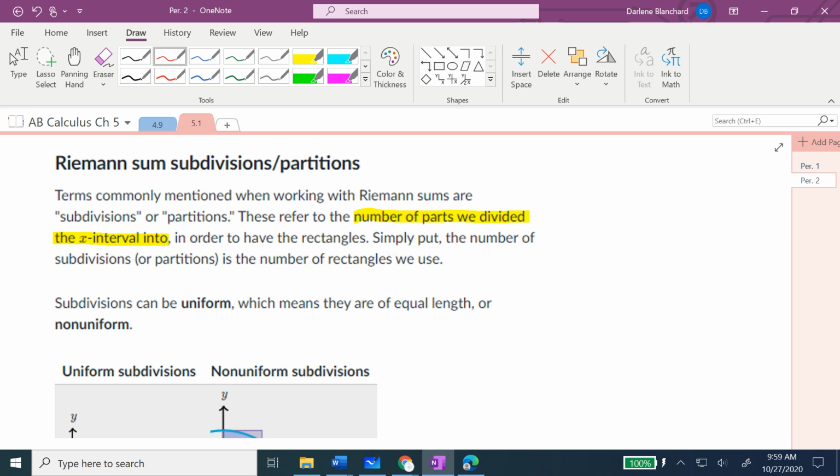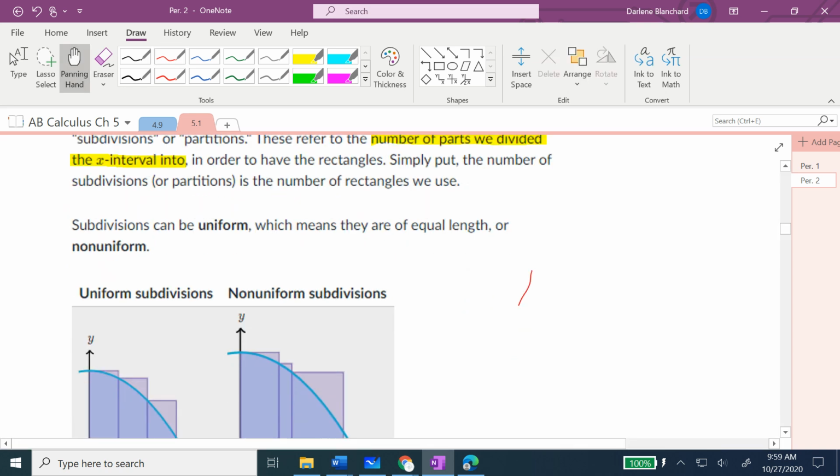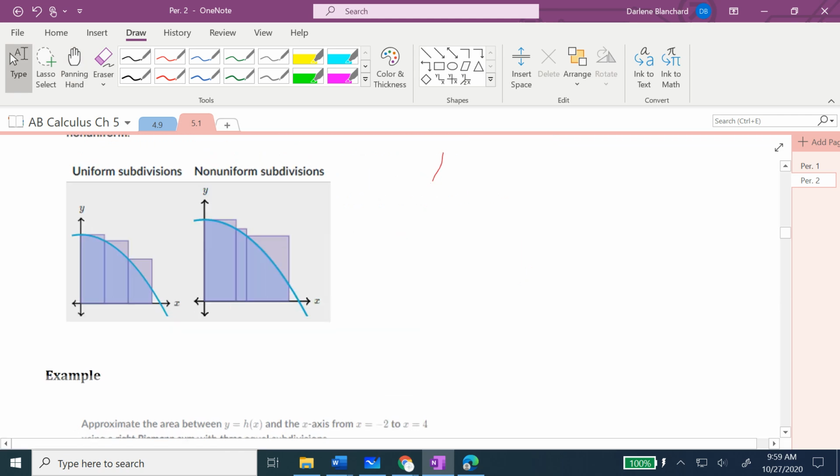a segment on the x-axis. Now there's uniform and non-uniform subdivisions.